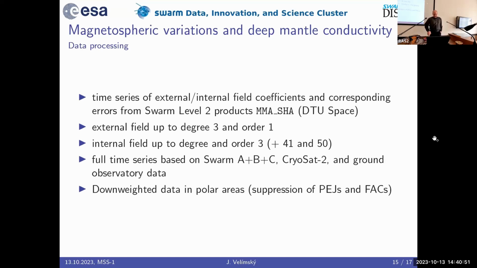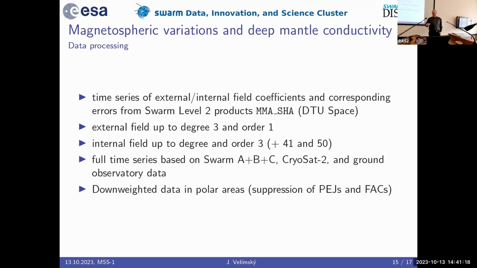And currently, the data are basically limited. There are different versions of these products, but mostly the external field is known up to degree 3 and order 1, with time sampling from 1.5 hours to something like 6 hours for the higher harmonics. And for the internal field, the standard models derived by Lars Tøffner-Clausen are degree and order 3 in some versions, with the addition of 4.1 and 5.0.